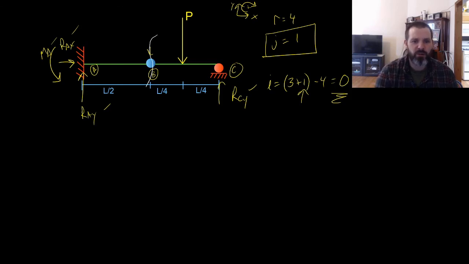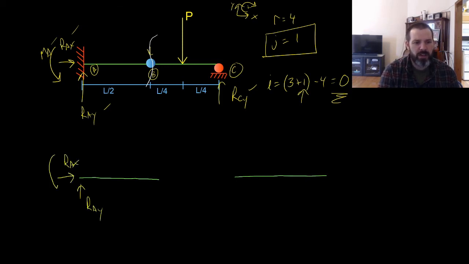We're going to section cut right at B. That's going to leave us with 2 pieces of the beam. We'll have over here RAY, over here RAX, and MA. Here we'll have RCY.